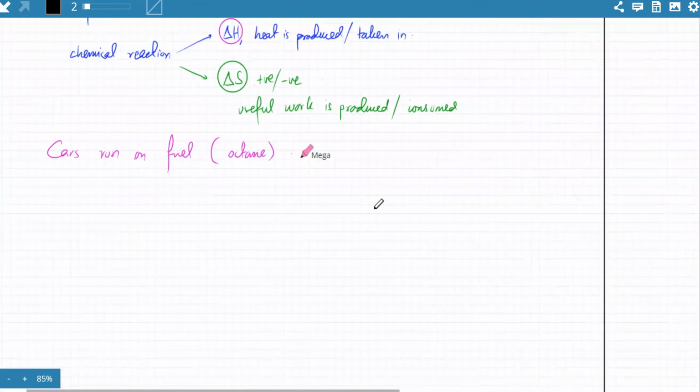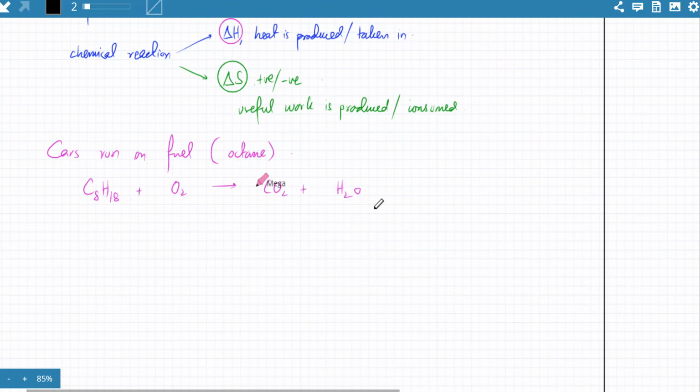A lot of people think that if you burn petrol, octane, which is C8H18, usually a large component of petrol, a chemical reaction happens, and carbon dioxide and water molecules are produced.